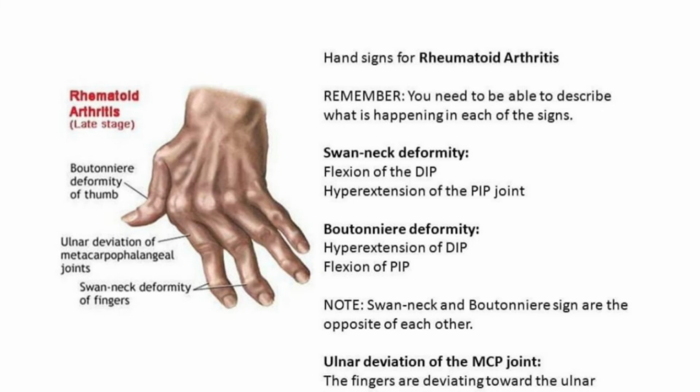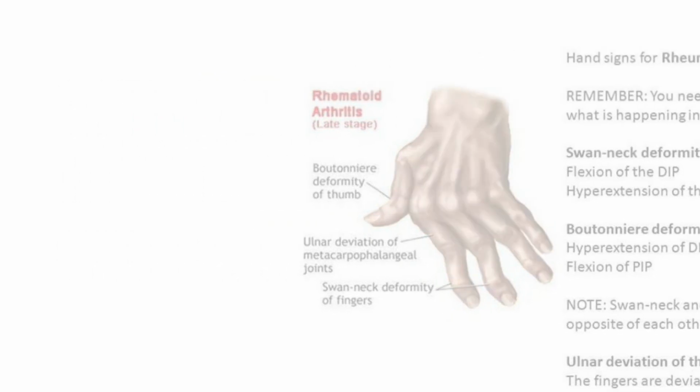Boutonniere deformity is the opposite, that is hyperextension of the distal interphalangeal joint and flexion of the proximal interphalangeal joint. In ulnar deviation, the fingers deviate toward the ulnar side at the metacarpophalangeal joint. So these are the deformities associated with rheumatoid arthritis.